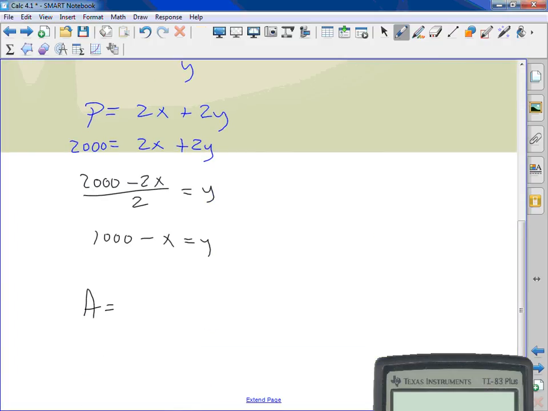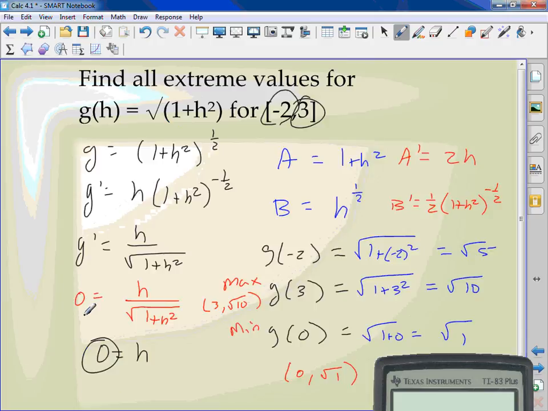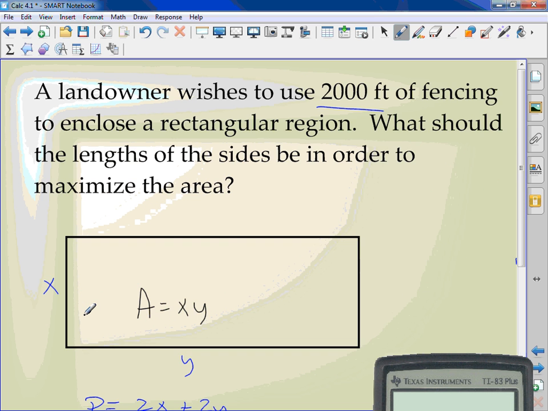So area is x, y. We want to maximize. Now, if we're talking about maximize, what's another thing we can think of it as? We can think of it as an extreme value. How do I find extreme values?